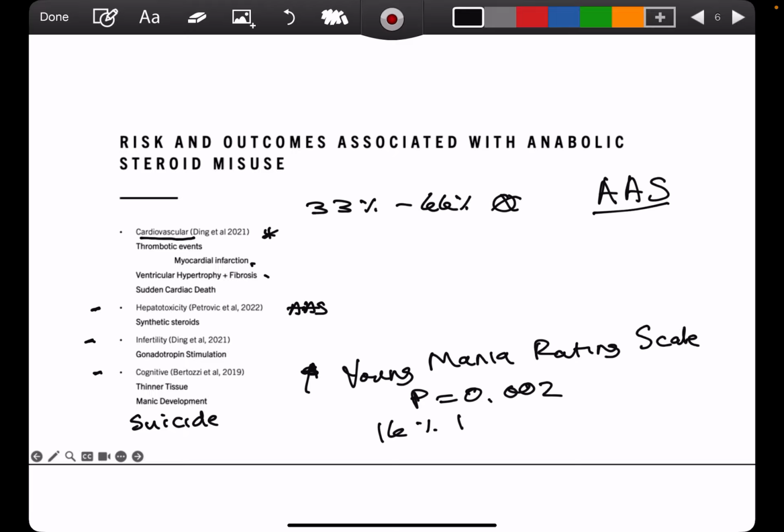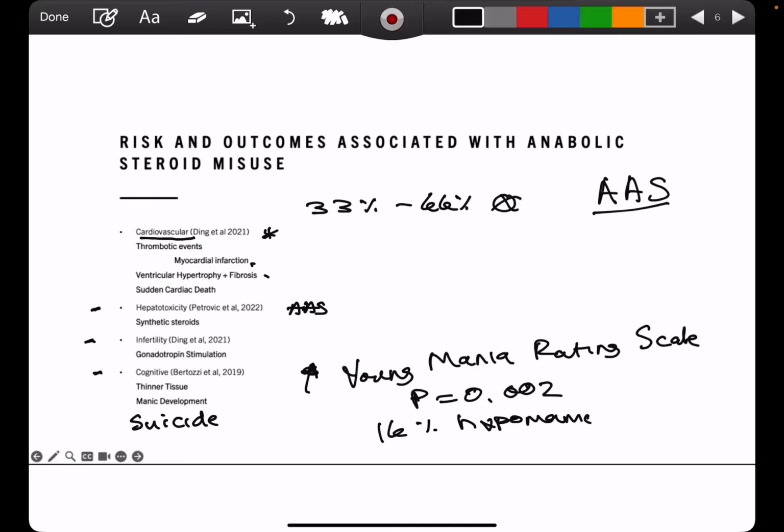They also found that 16% of the people evaluated with the Young scale were hypomanic. So this mania, hypomania, going back and forth, is kind of what we all know as roid rage. It leads to that.